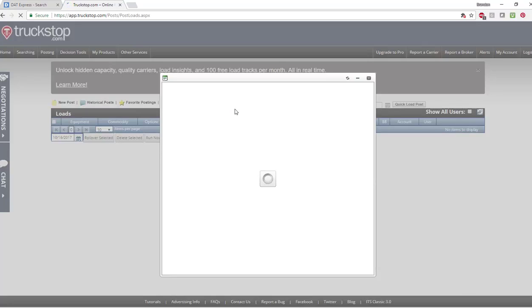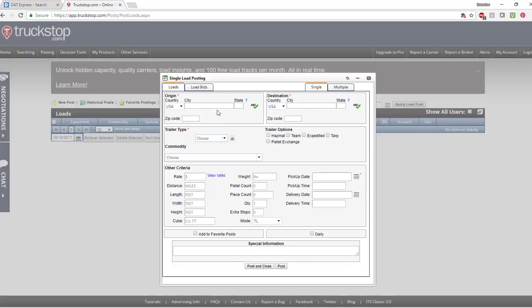Internet Truck Stop can be a little bit slow, but it'll pop up here very shortly. And we'll go through and show you how you post this load.